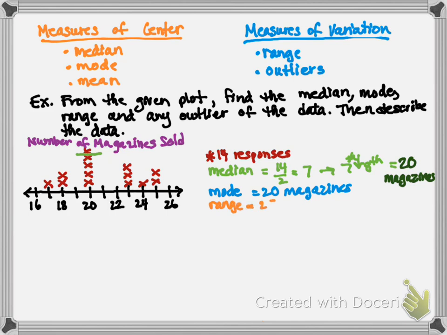So that's going to be 25 take away 17, which would be 8 magazines. And so looking at this graph, we really don't have outliers. We've got clumps of numbers on both the left side and the right side. So when it comes to outliers, we're just going to say none.